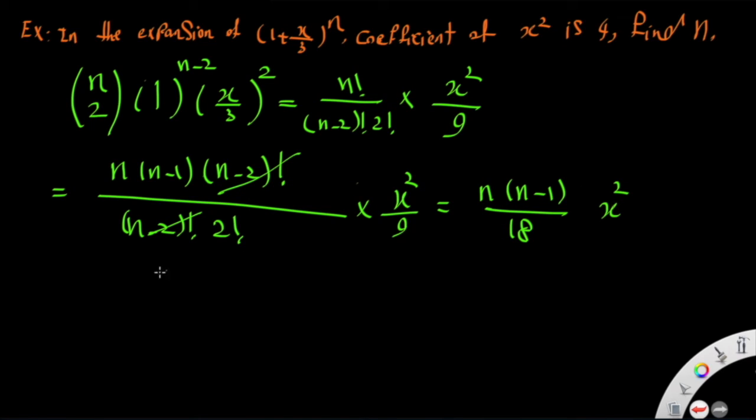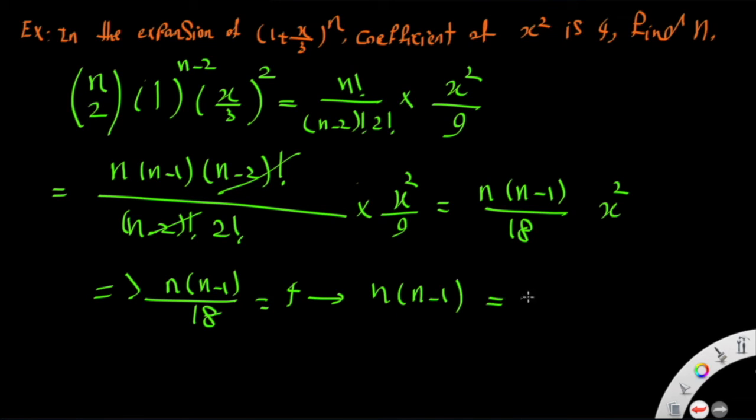n(n − 1)/18 x² will be the term including x². So this coefficient must be 4. So n(n − 1)/18, which is the coefficient, must be 4 as given in the question. So n(n − 1) must be equal to 72. So it will be n² − n − 72 = 0, because it leads to a quadratic equation.